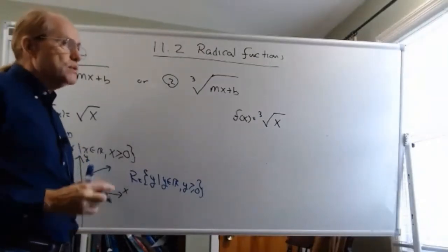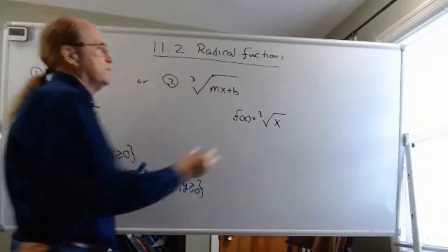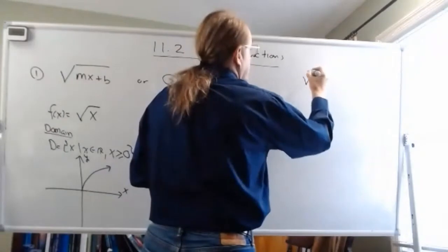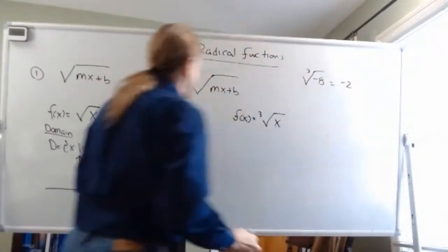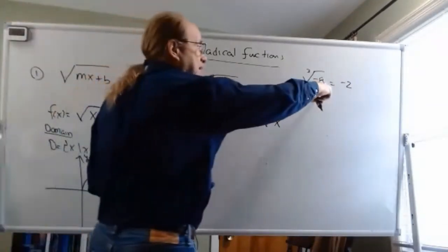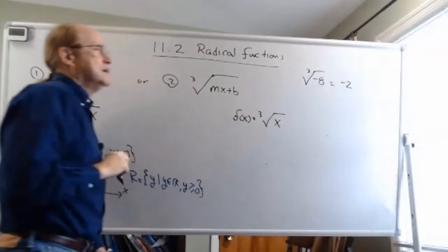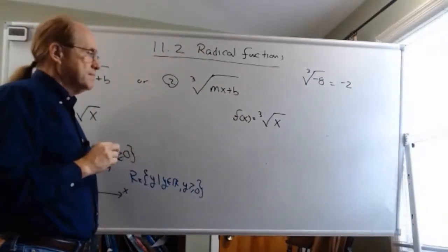I can take the cube root of a negative and get a negative. For example, the cube root of -8 is -2, whereas the square root of -4 I can't do. But I can put negatives under the radical if I have an odd index number there.